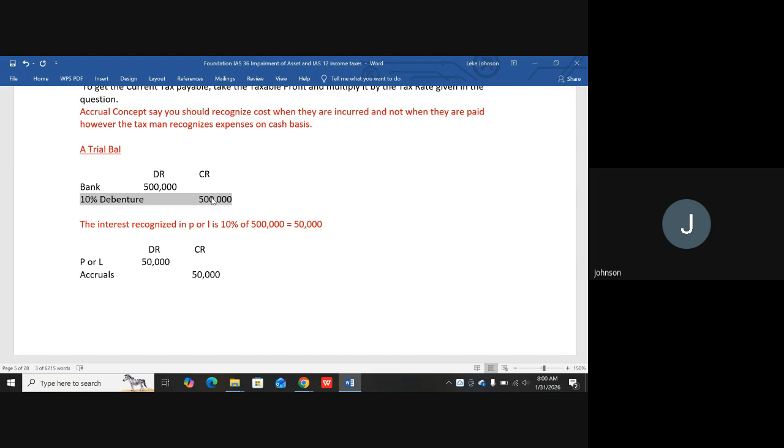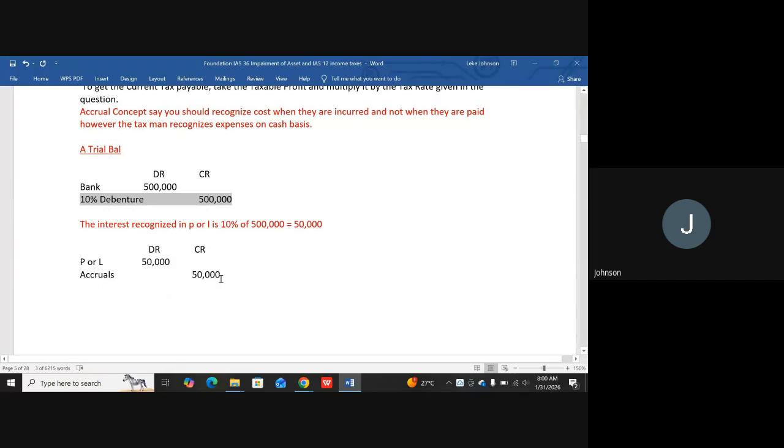However, don't forget that as at the time you are preparing your account, probably you have not paid this interest, though it could be due already. So you discover that you have interest expense payable, but you have not paid it. If you go to the account, it looks like an accrual.